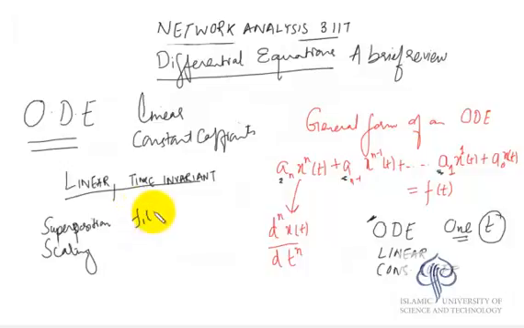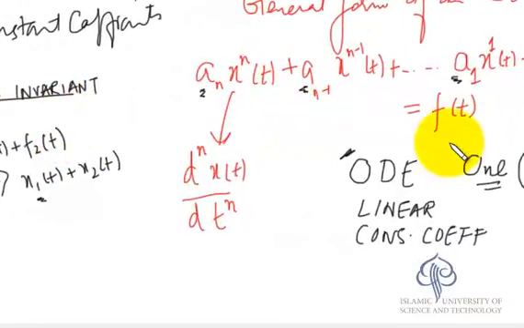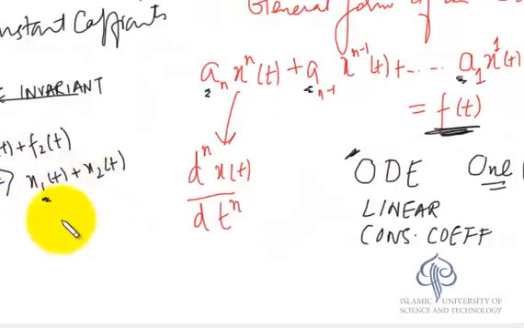f1(t) plus f2(t) is the response x1(t) plus x2(t), wherein x1(t) is the response to f1(t) alone and x2(t) is the response to f2(t) alone. And when you take both of these forcing functions together, the response to f1(t) plus f2(t) is going to be the sum of x1(t) plus x2(t).